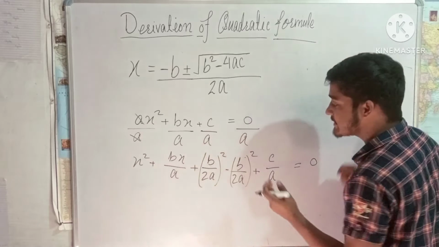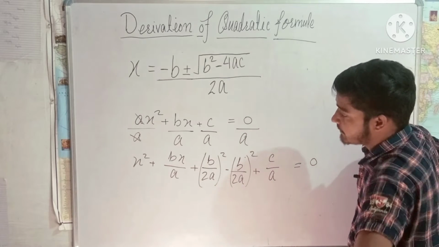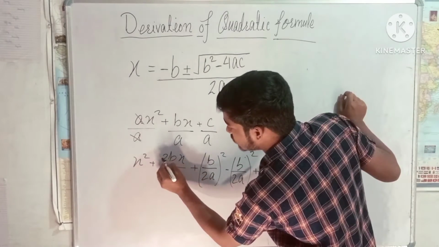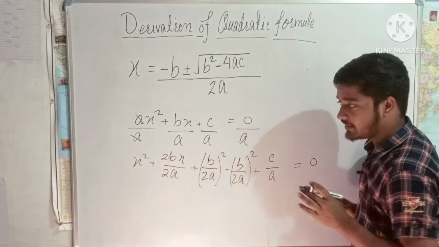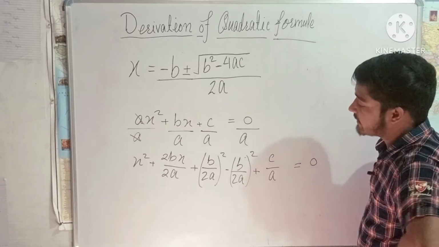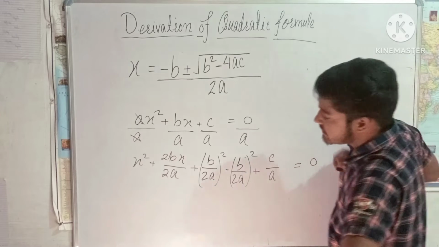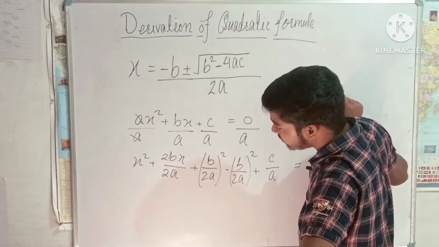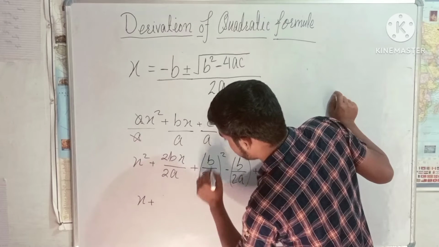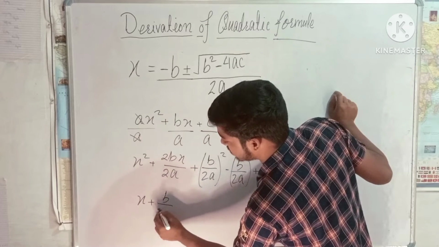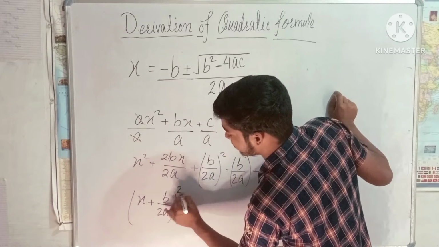So here we can see that a formula can be formed. Here we can write 2 upon 2, and 2 and 2 will be cancelled out. The formula is a plus b upon 2a, the whole square. This formula has been formed.